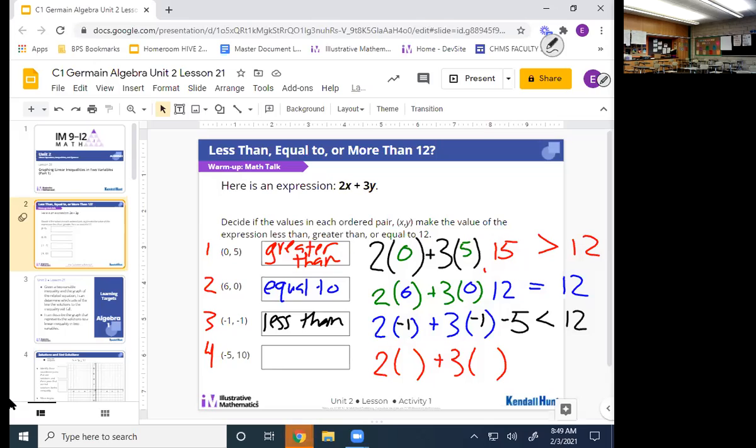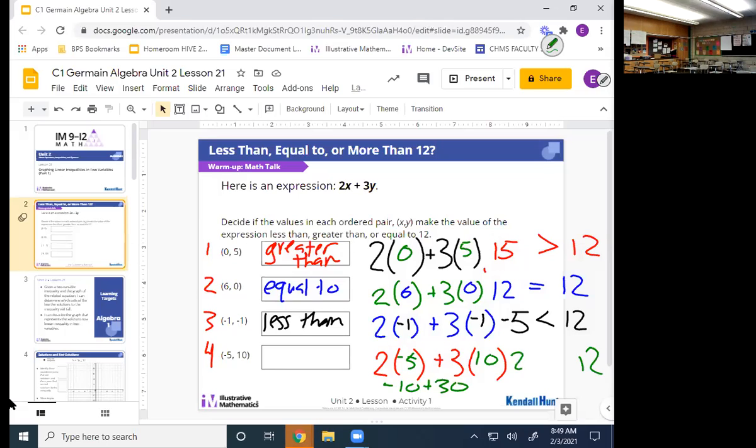Last one here. We're plugging in -5 and 10. And as we compare it to 12, that would be -10 plus 30. And that's going to get us what? -10 plus 30 is 20.